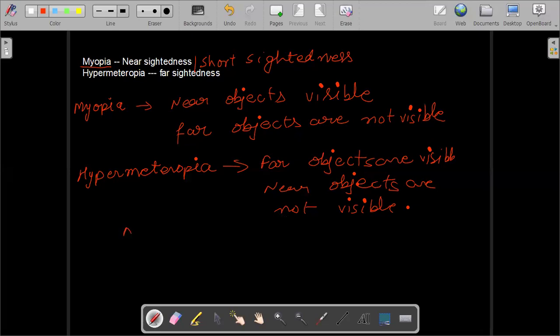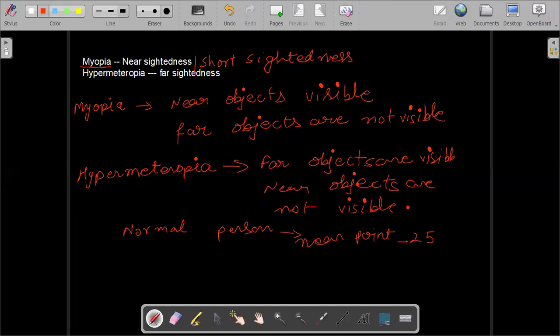See, for a normal person, the near point is 25 centimeter. So that means a person can see all the objects which are placed at least a distance of 25 centimeter from the eye. Whereas a person who is having hypermetropia will have his near point greater than 25 centimeter.